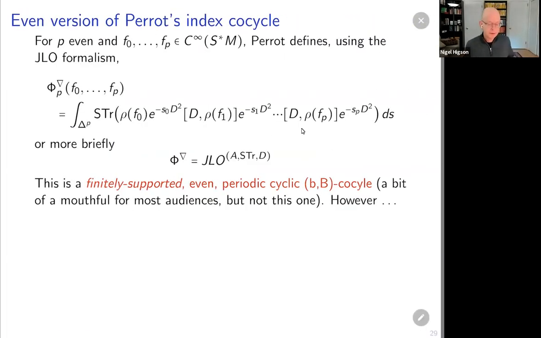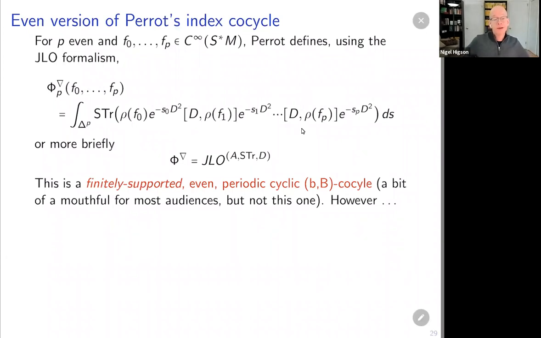Okay, on to cyclic cocycles. Happy birthday, cyclic theory, by the way. So now we'll do the obvious thing, or what would seem to be the obvious thing, namely build a JLO cocycle. It all makes sense if you take D and you square it, then you take the exponential and you plug it into the JLO formula in the usual way.